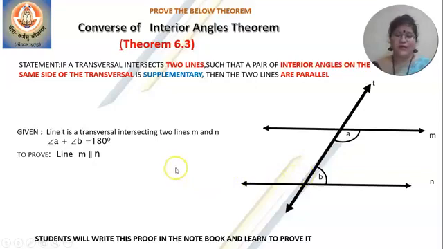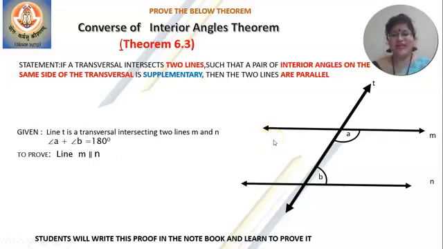Okay. Now let's begin with the proof. In the earlier one, we took vertically opposite angles, but here, since the angles are supplementary, the clue is to think of any other way where you could take two angles totaling 180 degrees, only when they are angles in a linear pair.